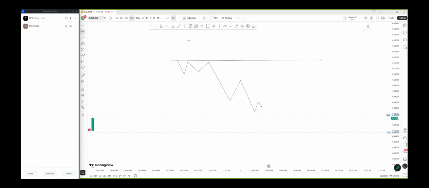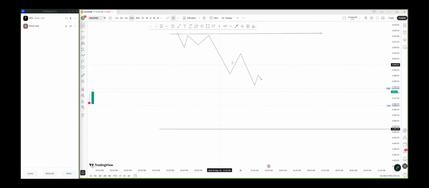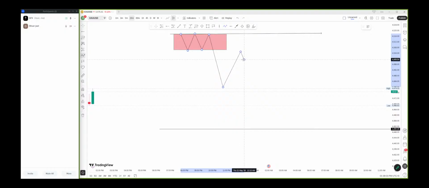Let me draw my support. So within these structures, the box represents no trading zones. I think I want to do it better. No trading zone. We broke, then we came back to the zone.